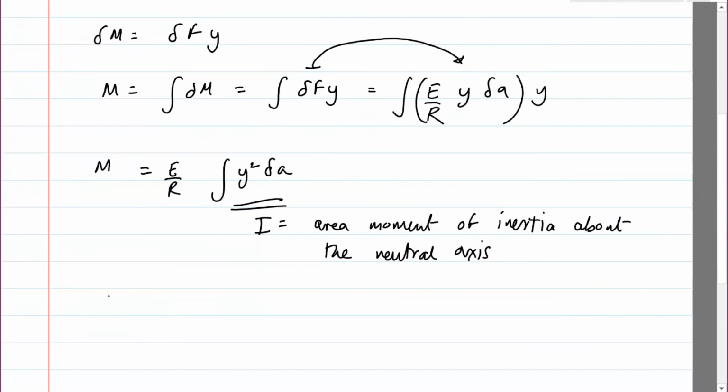So I can write this as M equals E divided by R times I.